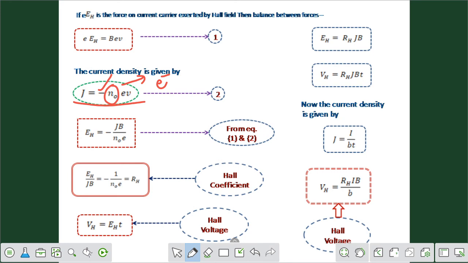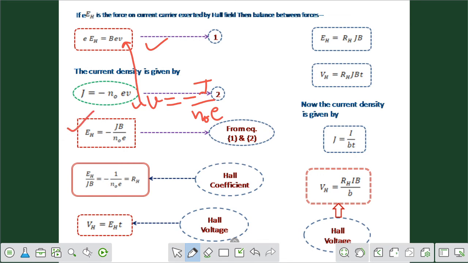V is the drift velocity of that electron, and e is the charge of that electron. So from that equation, we can write V is equal to minus J upon n_0 e, and put that equation here. So from the first equation and second equation, we can write like that.